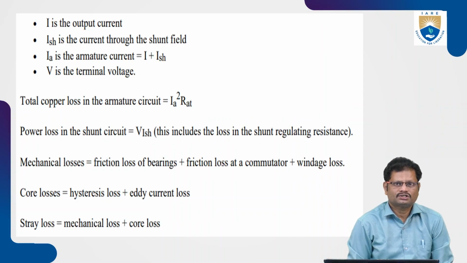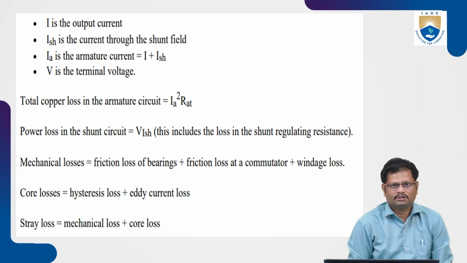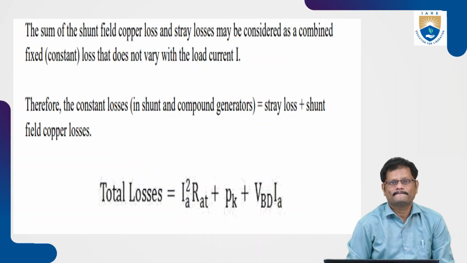The total copper losses are Ia squared Ra, where T means total, and the power loss in the shunt circuit is V into Ish. Mechanical losses are friction losses plus windage losses at the commutator, and core losses are hysteresis losses plus eddy current losses in total. Stray losses are magnetic losses and mechanical losses, called core losses.